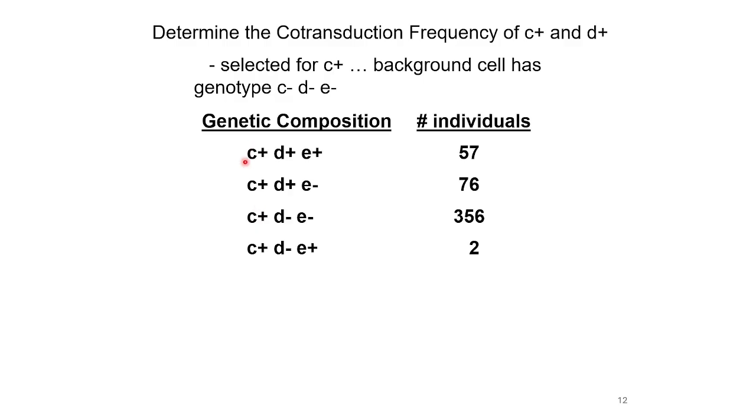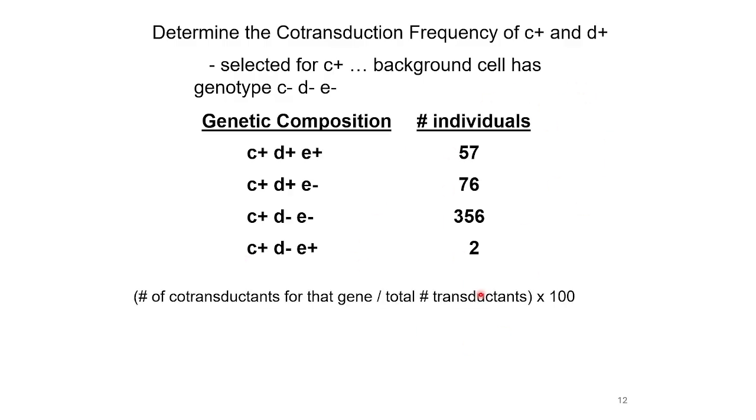This would mean that C is kind of close to D, but it's not that close. And then if we look for C and E, but not D, and we see that that number is really, really low, either 0 or close to 0, that's an indication that C is really not all that close to E, which would mean that the order of the genes is probably C, then D, and then E.